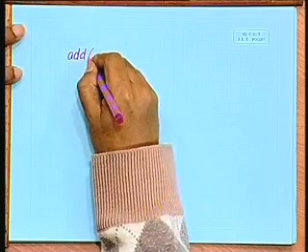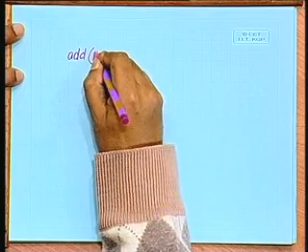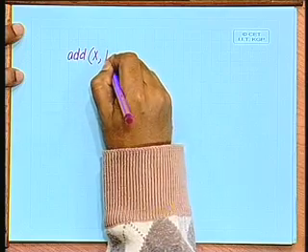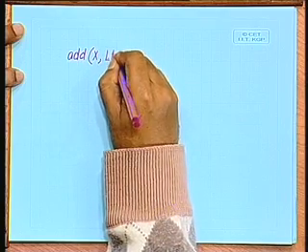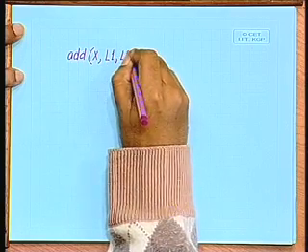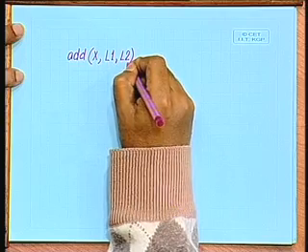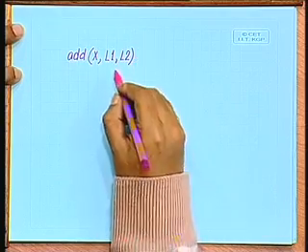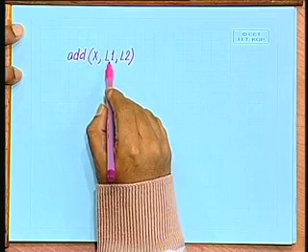So, we have add an element x into a list L1 to get another list L2, right. How are we going to write this? So, add x to L1 to get L2.